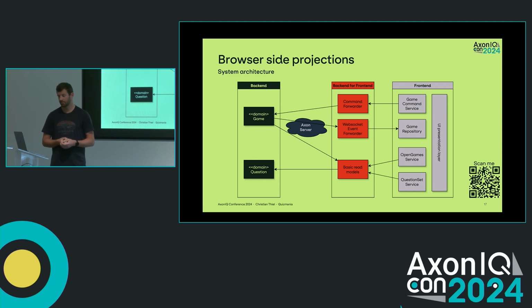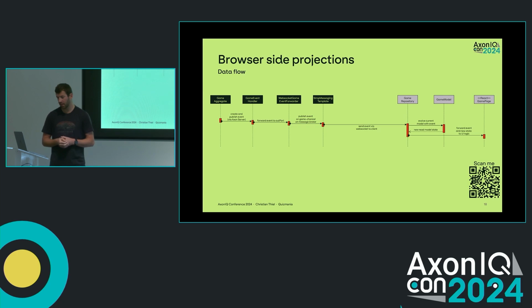And okay, maybe I lied a little bit. For this open games list I still have a problem. There I still need some sort of persistence, because I don't have a game aggregate ID or something like this in my hand that I can subscribe to. So there I still need a very small, very particular read model, but still it's very small.